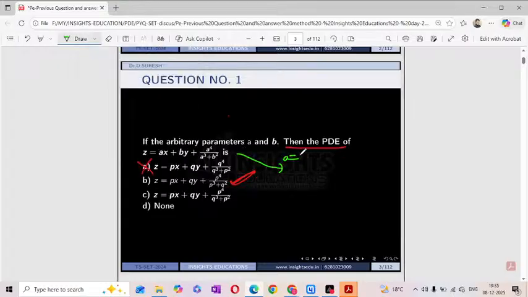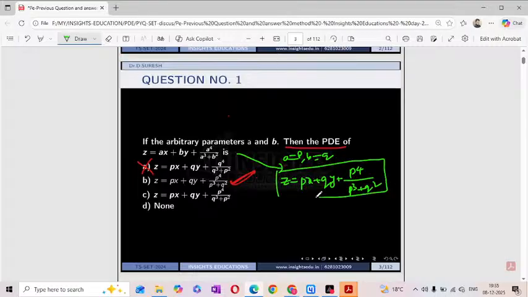Just substitute A is equal to P and B is equal to Q. Then our solution is z is equal to px plus qy plus p power 4 by p cube plus q square, which is our differential equation. So option B is the correct. Okay, Nandi?